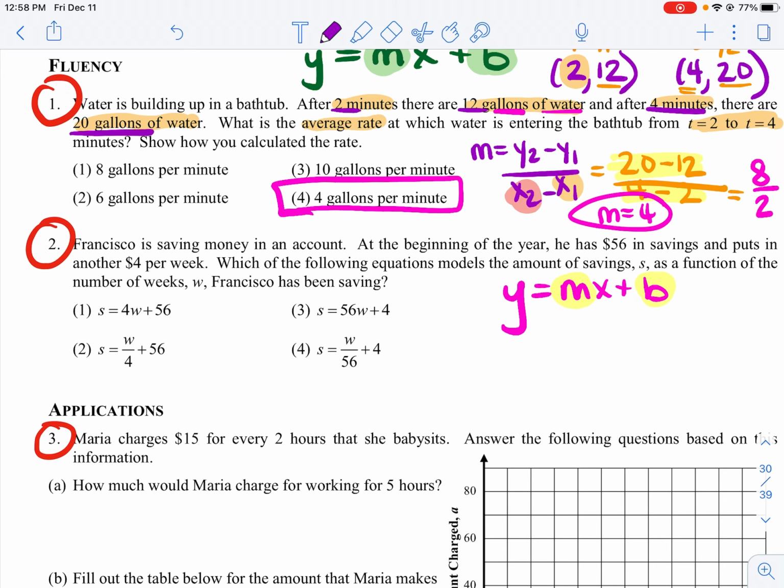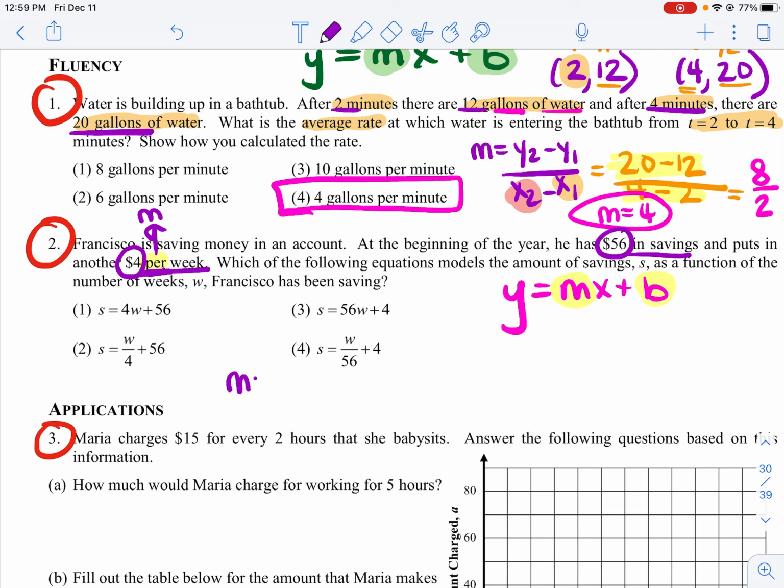Francisco is saving money in an account. At the beginning of the year, he has $56 in savings and puts in another $4 per week. The per, guys, is telling us that's going to be a big hint. Whenever you see the word per, that is going to be our m value.